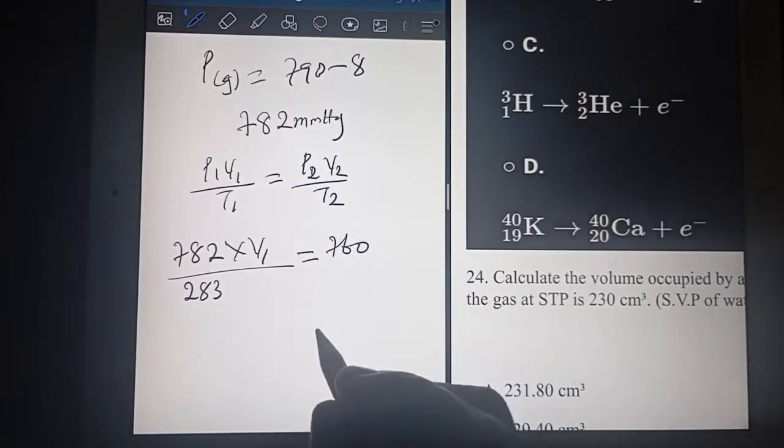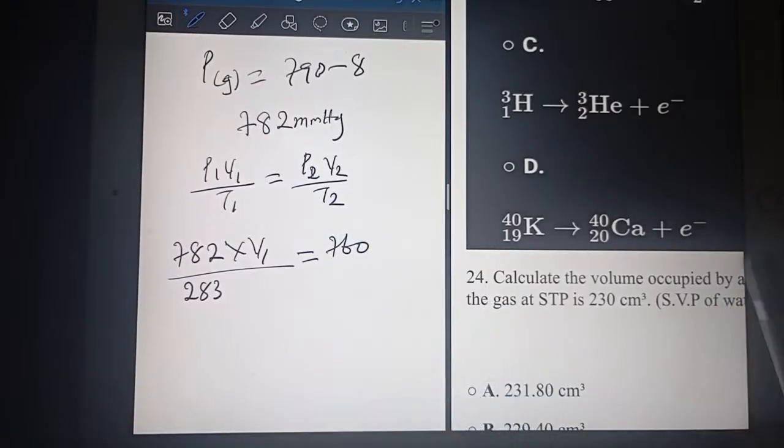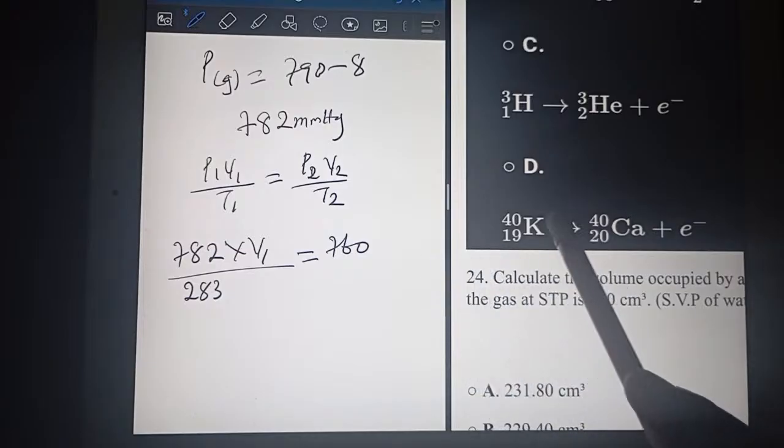Remember that P2 must not always be 760. It depends on how the question was coined. If STP was mentioned first, I might say at STP, a gas has a volume 230 cm cube. Calculate the volume at 790. You see it now. This time around, that means your ST is your T1, SP becomes your P1.